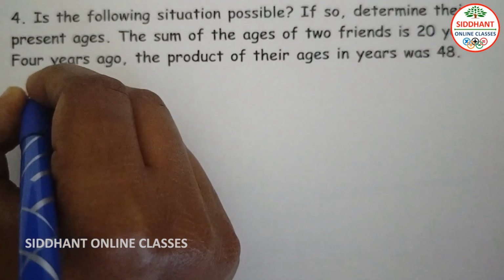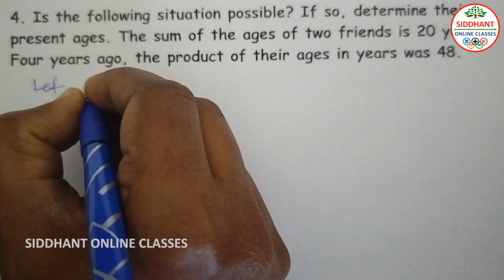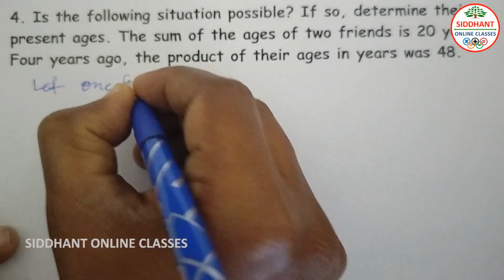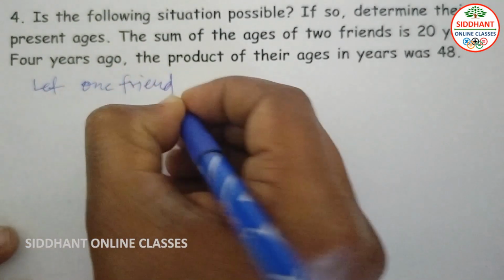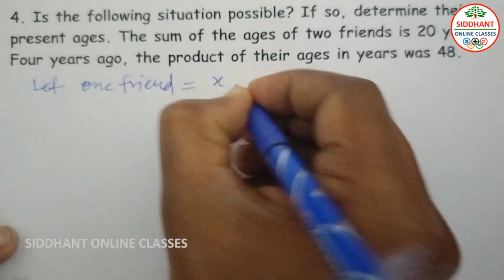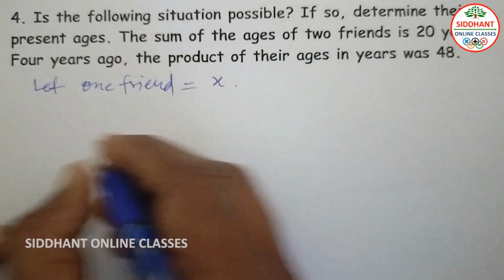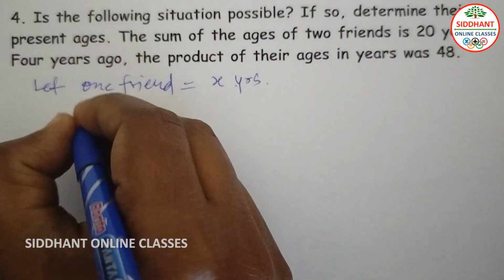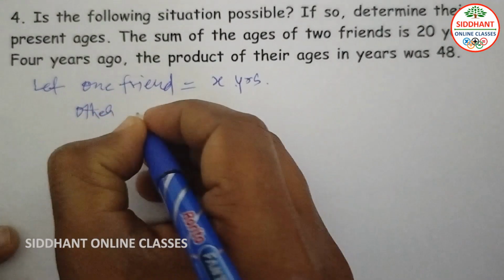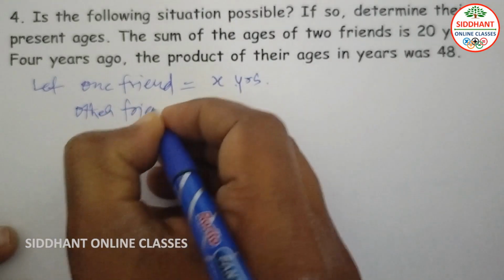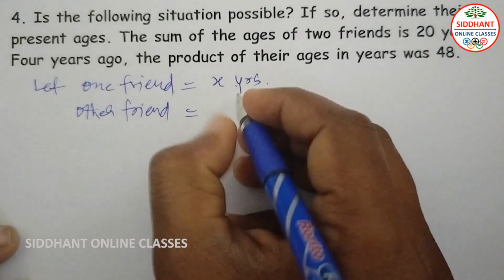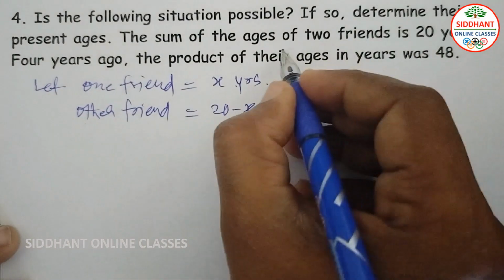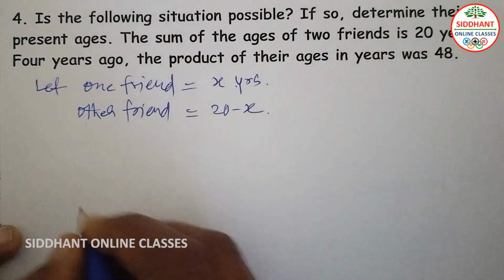So here let one friend be X years and the other friend will be 20 minus X, because the sum of the two friends is 20 years.